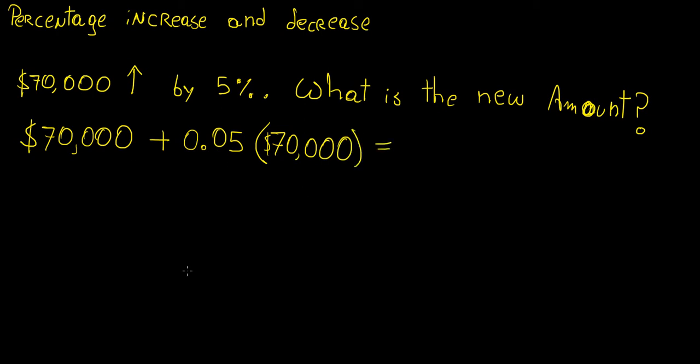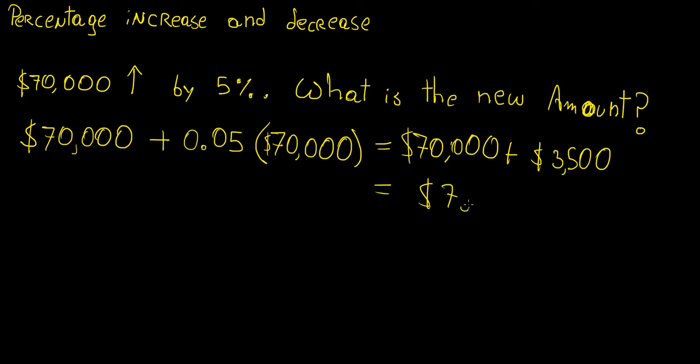Now if we plug that into our calculators, that's going to come out as 70,000 plus $3,500, and then we just add them together, and that's going to give us $73,500, and that's going to be the new amount after this increases by 5%.